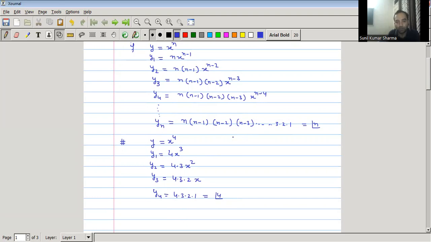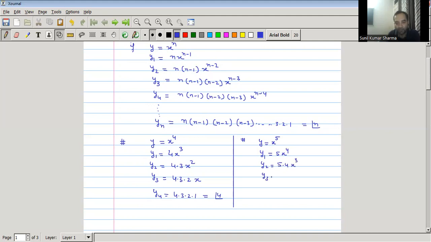So if I take n equal to 5 in the above example, y is equal to x power 5. So what is y1? y1 is 5x power 4. What is y2? 5 into 4 x power 3.